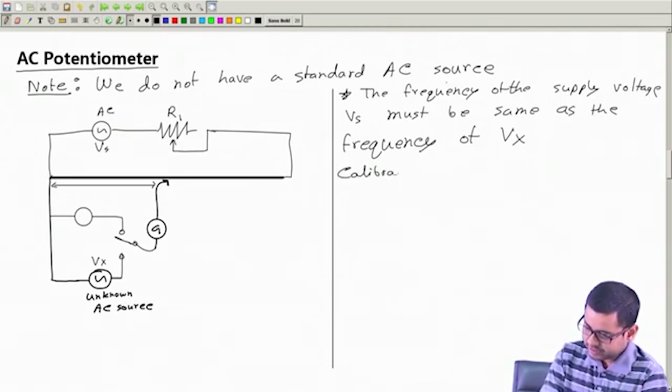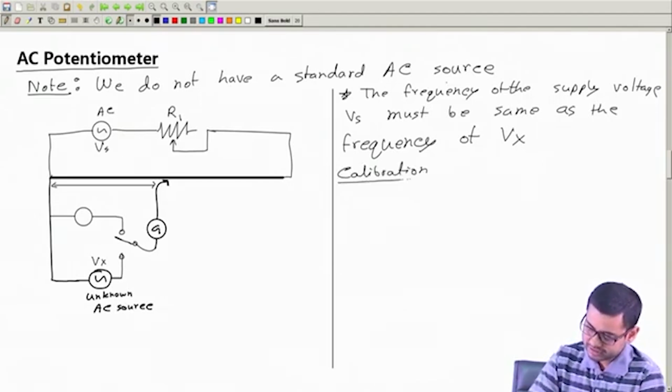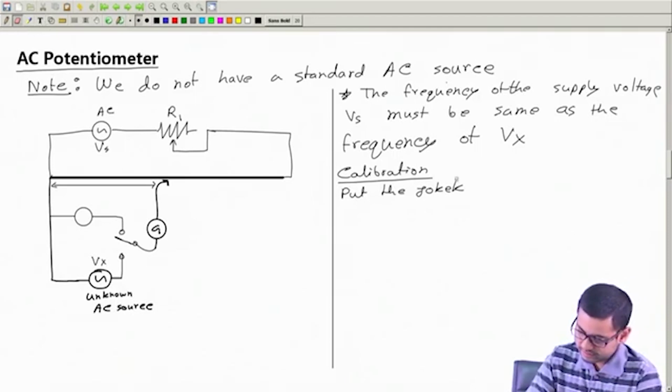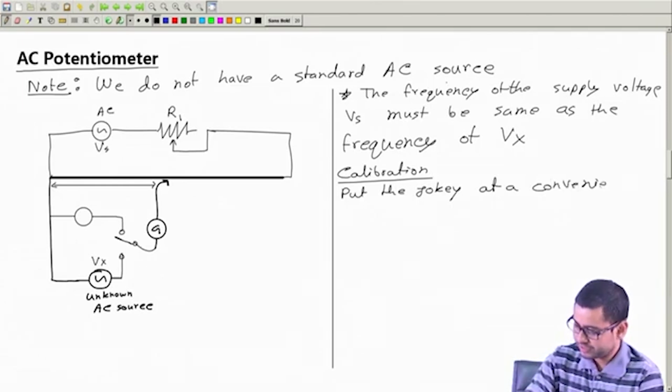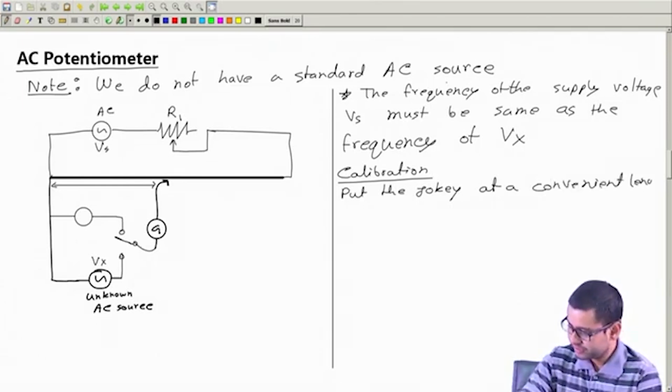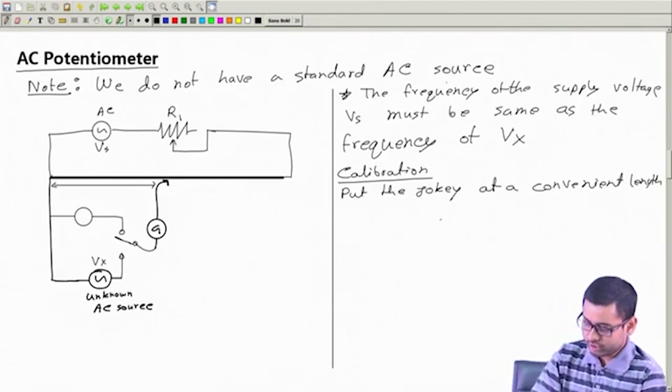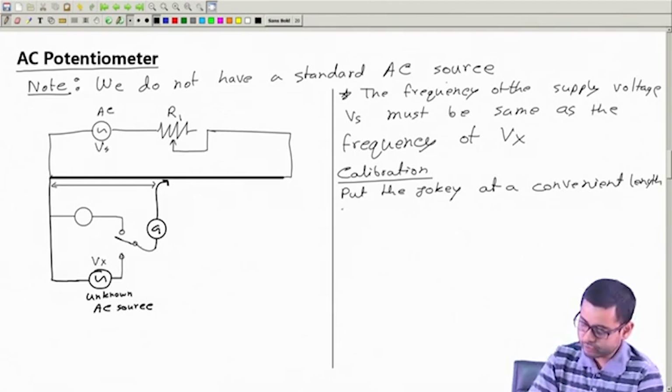So the calibration step means: put the jockey at a convenient length, and do not move it anymore.